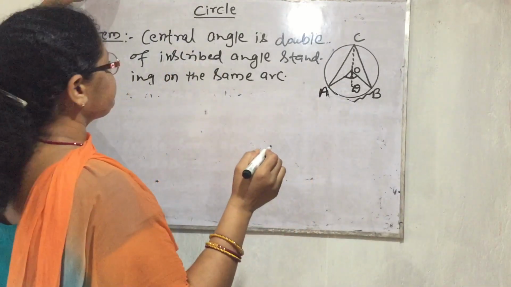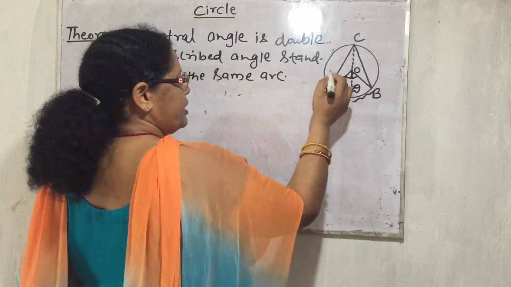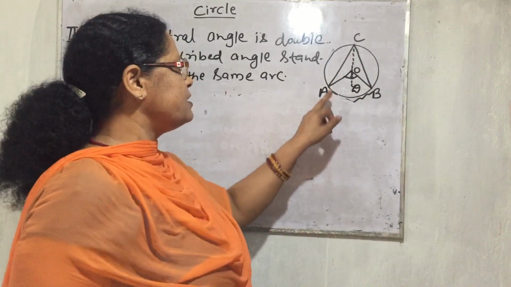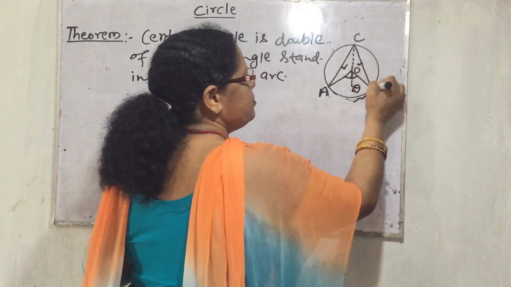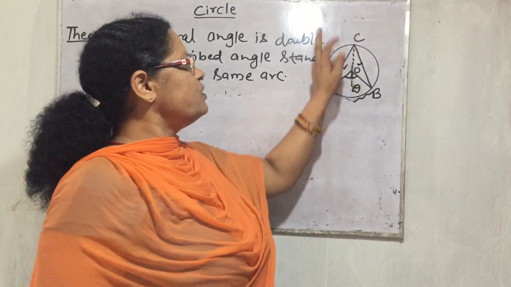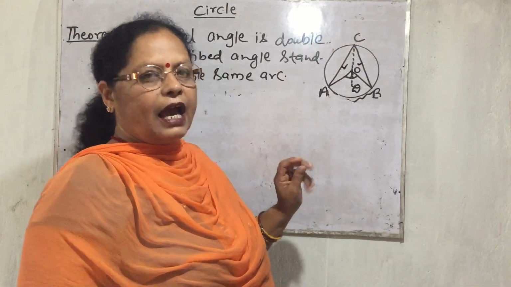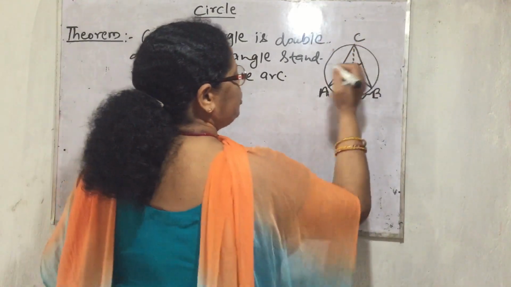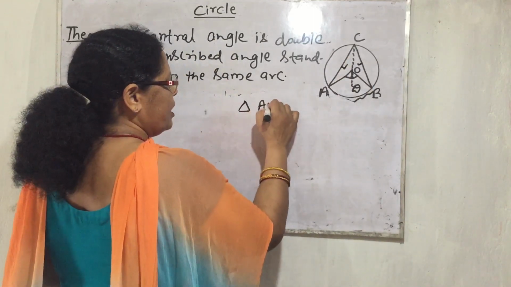First, let's see: we have two triangles here, one is AOC and another is BOC. First I am taking triangle AOC.